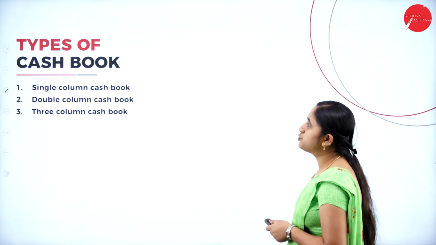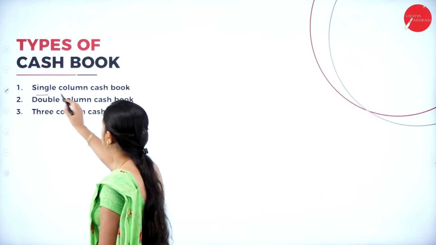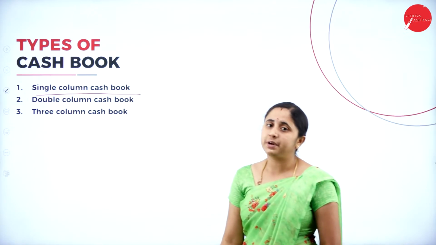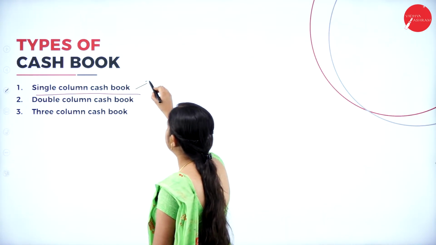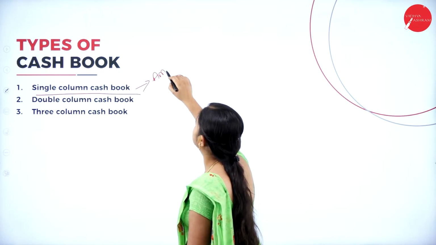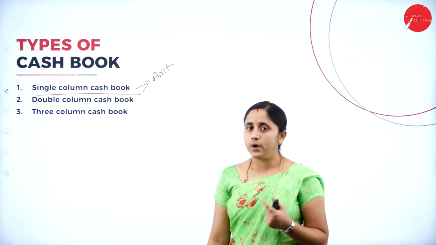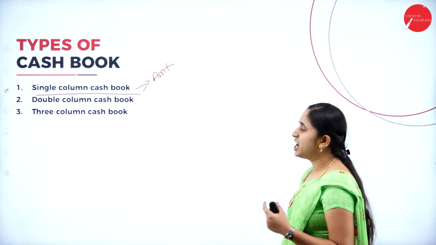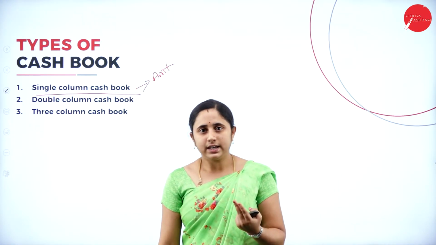Here are the types of cash book. We have three types of cash book: single column cash book, double column cash book and three column cash book. In the single column cash book, you have only one column for the amount. In the double column cash book, we have two columns: one is discount and another one is cash.